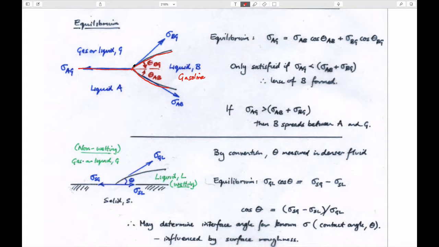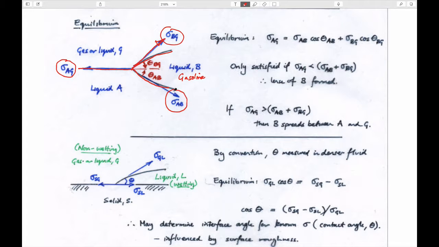The forces acting at that little boundary in these three different directions would be the interfacial tension between the gas and liquid B, which is this. The interfacial tension between the gas and liquid A, which is this. And the interfacial tension between the two liquids, the gasoline and the water, in this particular case, in terms of this.